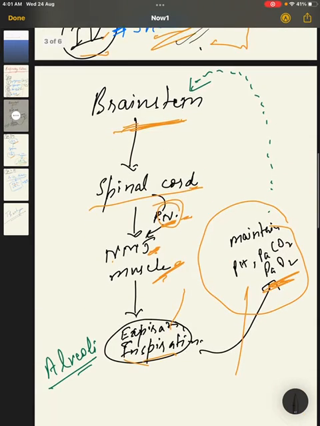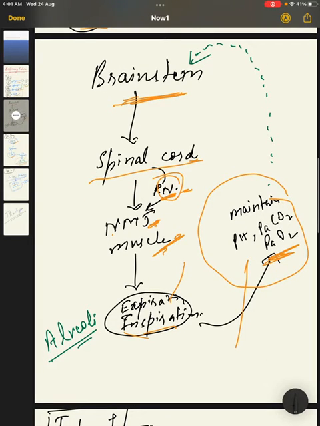This loop, this cycle, is very important. We have to clearly understand this loop, because by understanding this we can clearly know the causes of respiratory failure as well as the difference between type 1 and type 2 respiratory failure.